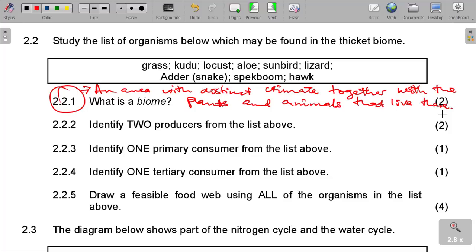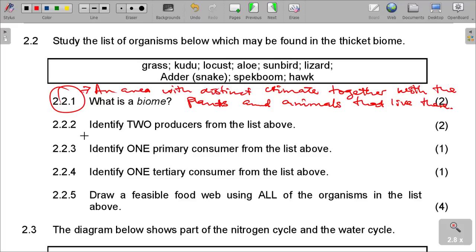So that is a biome. It's a specific or particular area with its distinct climate, with its plants and animals that live there. So we call that a biome.